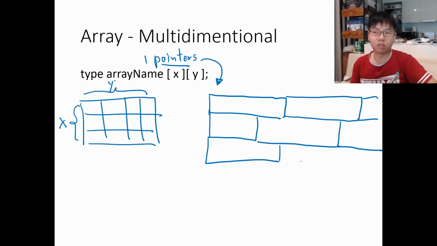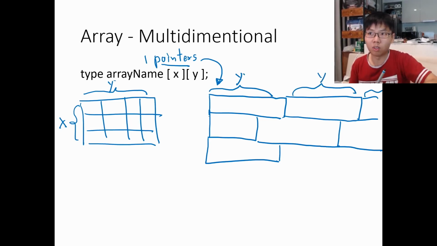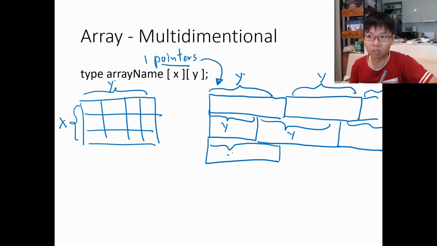Okay, for example, it's gonna create memory of size y, many of them. This one until this one is gonna be y as well. This one until this one is gonna be the size of y as well.